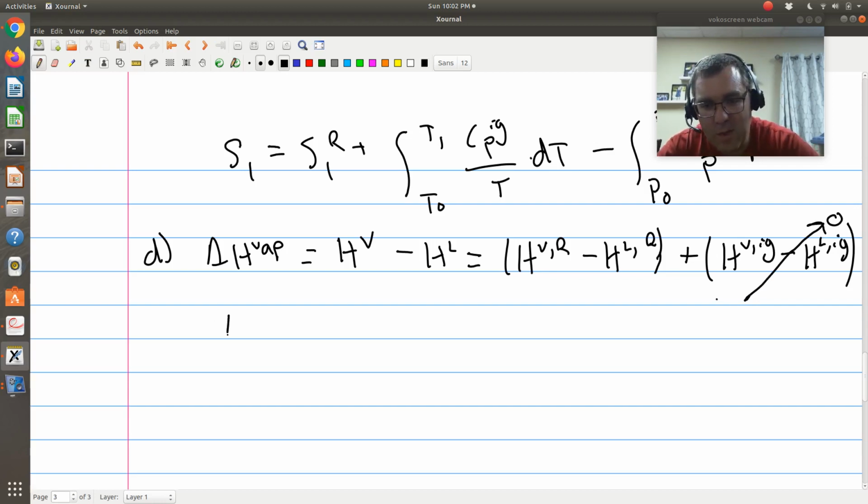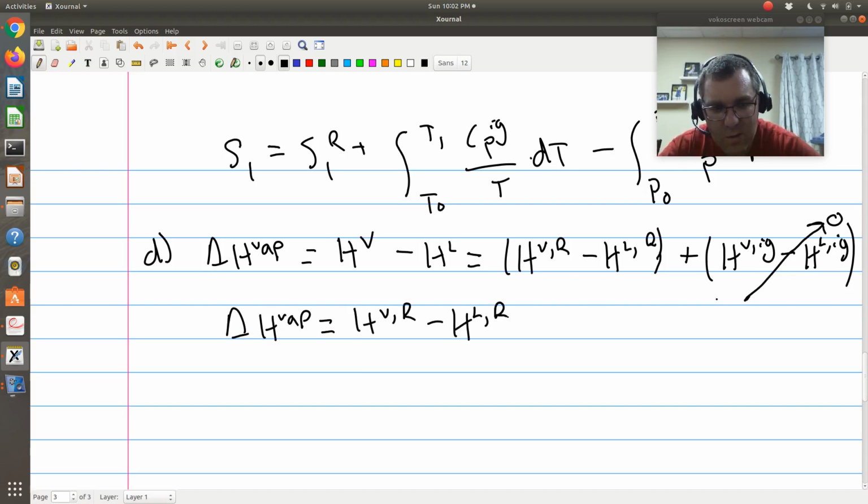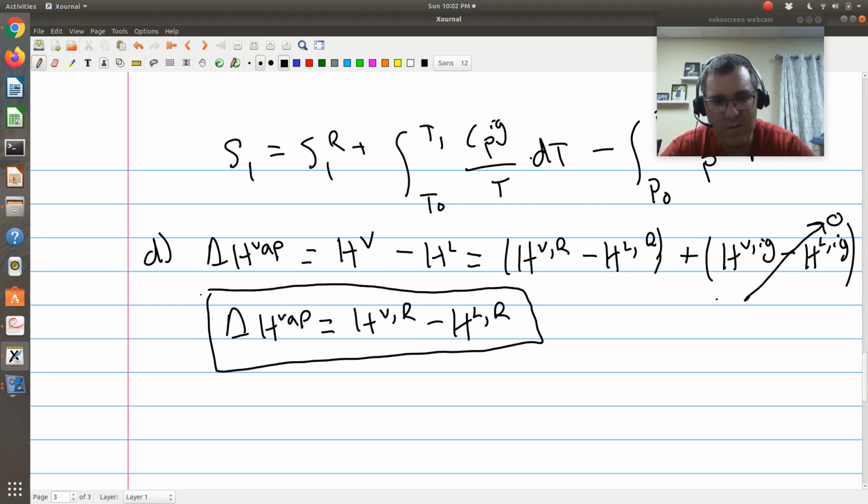And so what I'm left with is delta H of vaporization is equal to HVR minus HLR. As long as you know the temperature and pressure, we already looked up TC, PC, and omega from Appendix A, I can calculate the enthalpy of my vapor and liquid and use that to calculate delta H of vaporization.